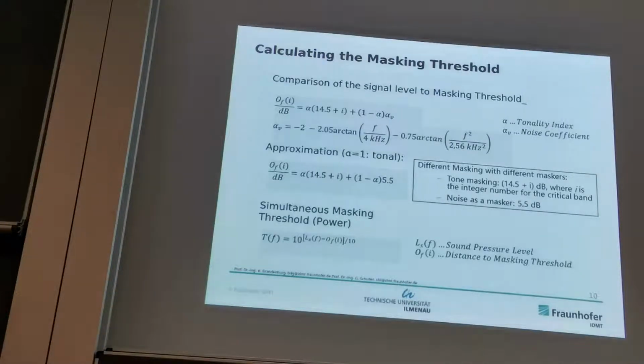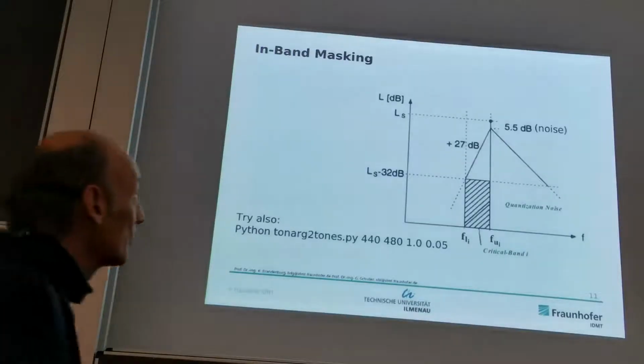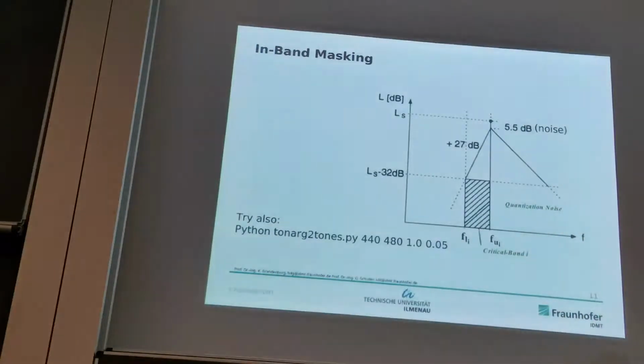So again, formulas for the approximation. Here you can now see the numbers in the picture. Here's the case for noise, so we have 5.5 dB noise masking.